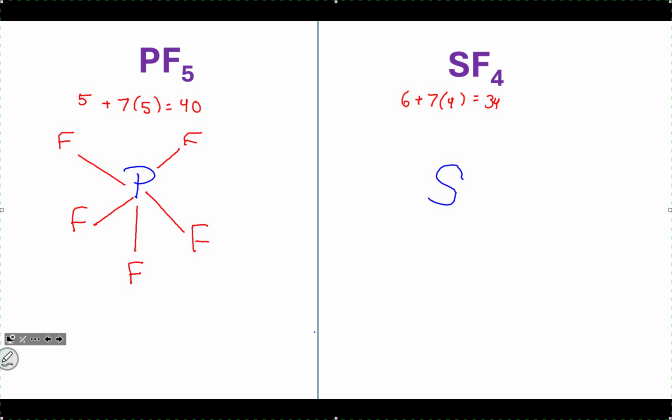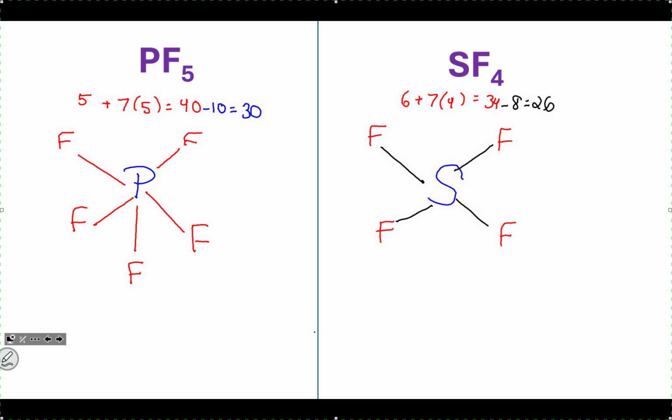And so 2 times 5 is 10. So we're going to subtract 10. And that means that we have 30 left. We're just going to do the same thing over here for the sulfur and connect with single bonds. We made 4 bonds, so we used 8, so minus 8, we have 26 left.